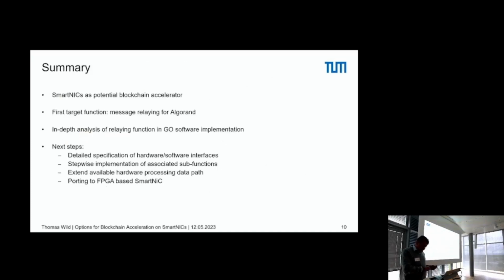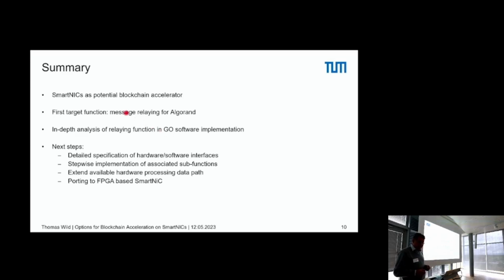This brings me already to the summary, so maybe I'm the one who does not exploit his time so much. We say that SmartNIC could be a potential blockchain accelerator. It still has to be shown that it really applies, but we are confident from the concept ideas.